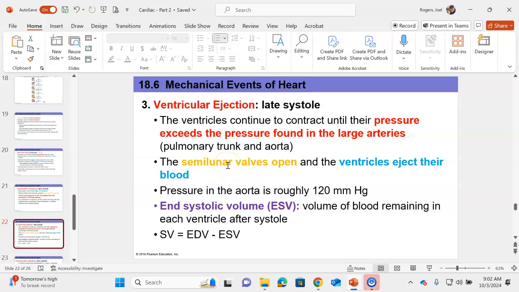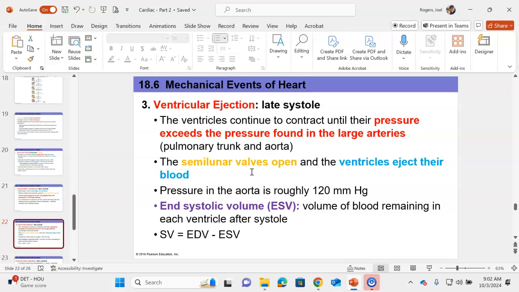So the pulmonary valve opens and blood goes from the right ventricle through the pulmonary valve into the pulmonary trunk. When left ventricular pressure exceeds aortic pressure, boom, the aortic valve opens up and blood leaves the left ventricle and goes into the aorta. So ventricular ejection literally implies and tells us that the ventricles are ejecting their blood.